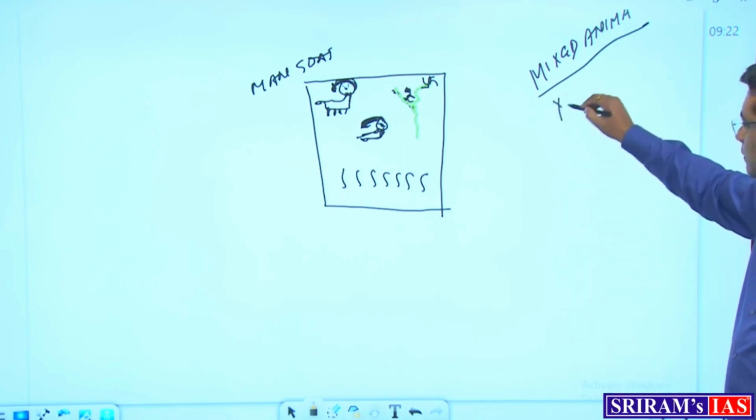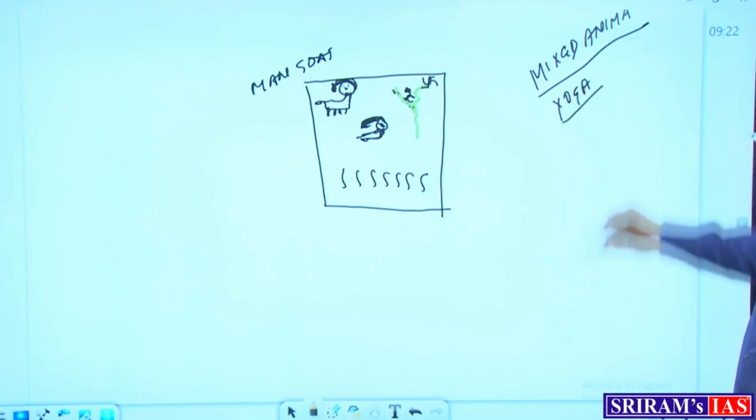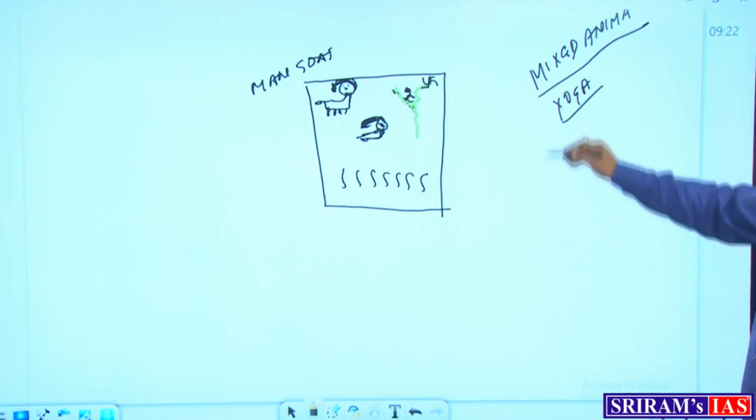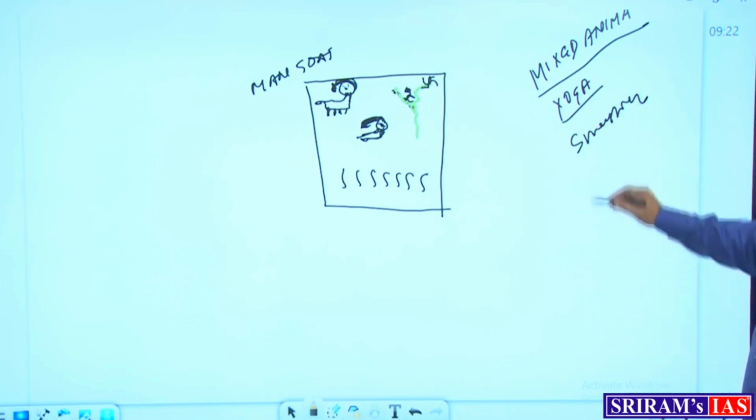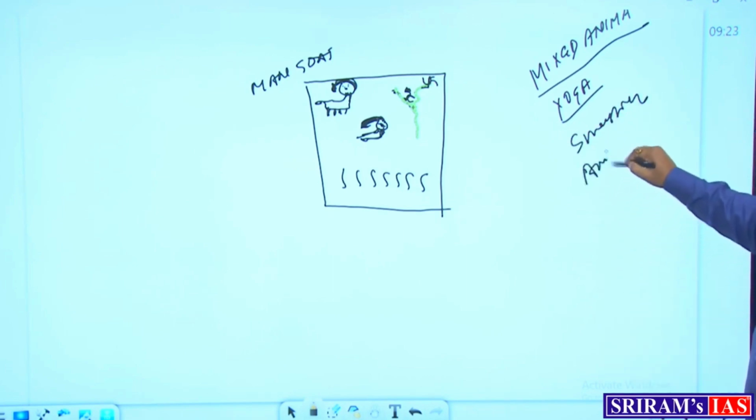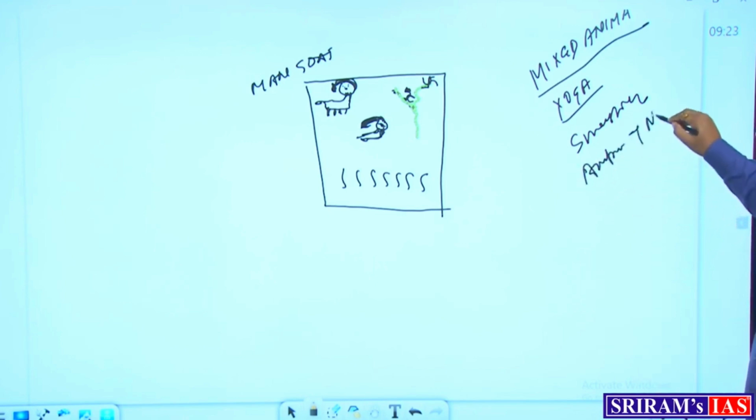Then yoga, they practiced yoga. Swastik. Auspicious number 7, very auspicious.